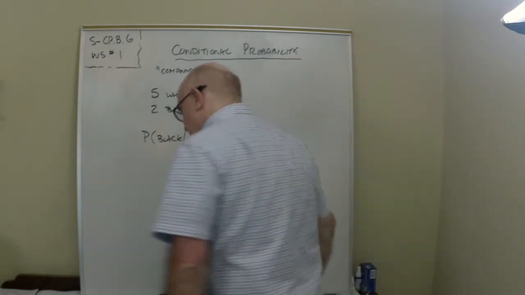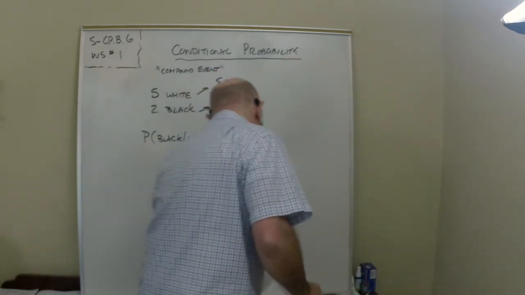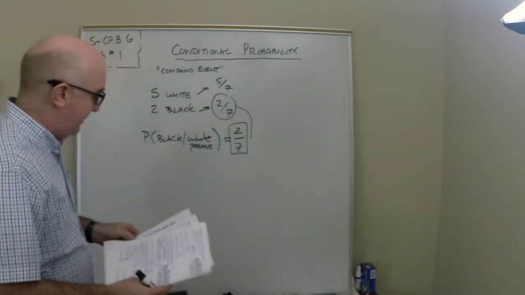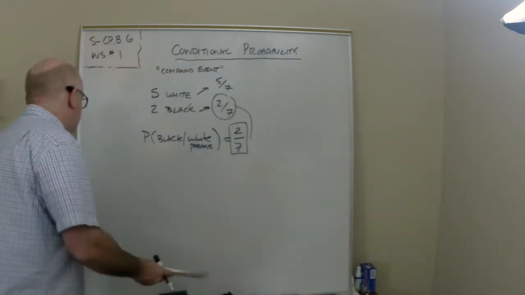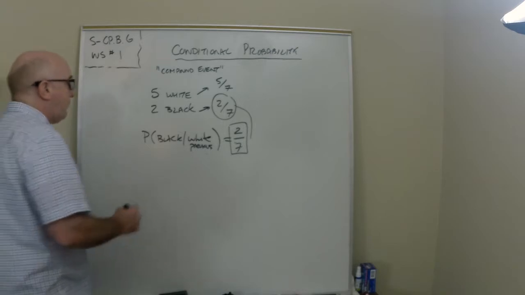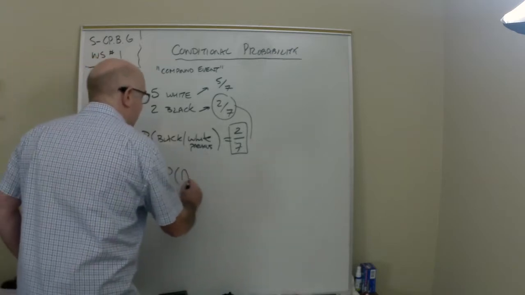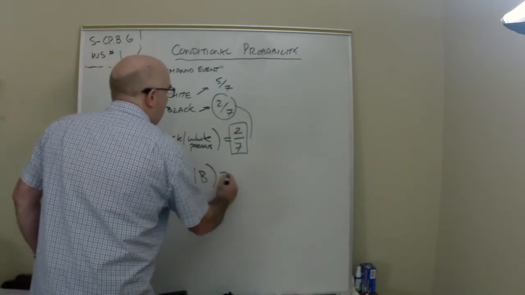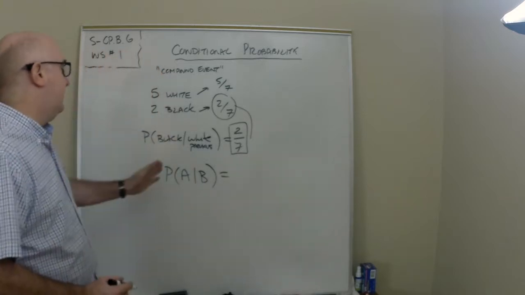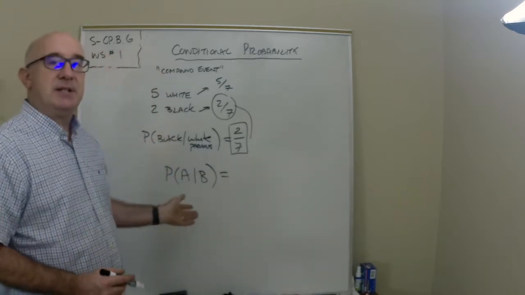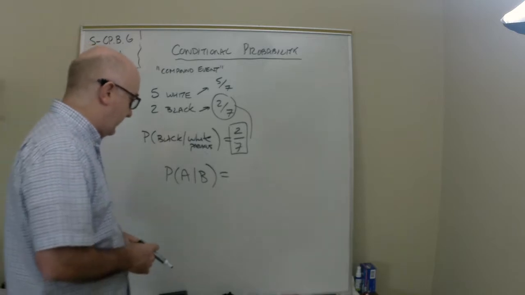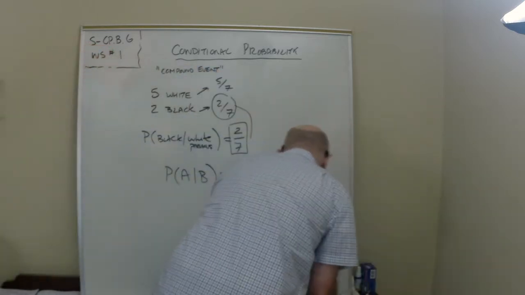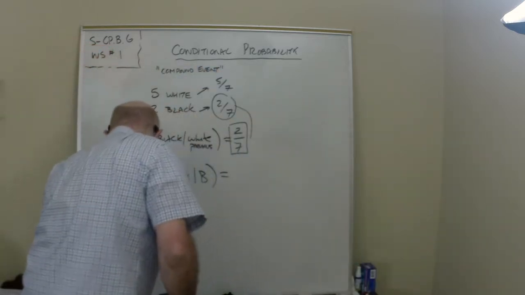Let me just see here on my sheet if there's anything else that I want to say about conditional statements. Ultimately, a conditional statement is written in this fashion, and it's calculated based on what has just previously taken place. So for instance, let's use a deck of cards. Where's my cards? Here they are.